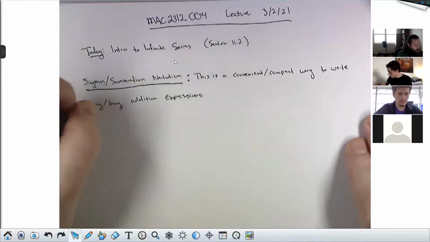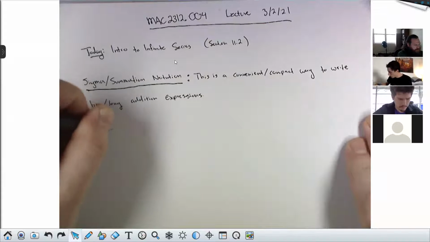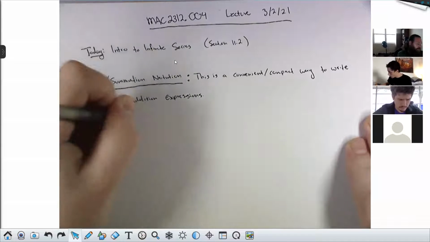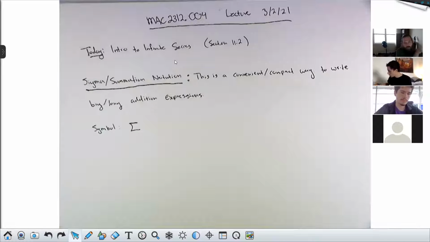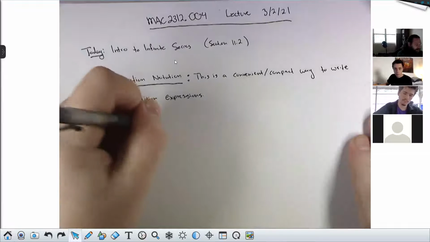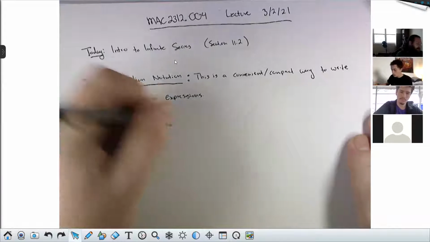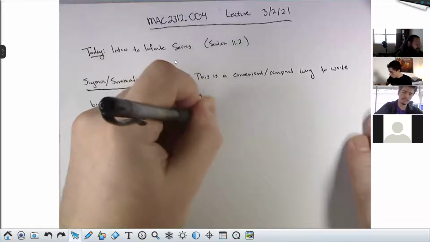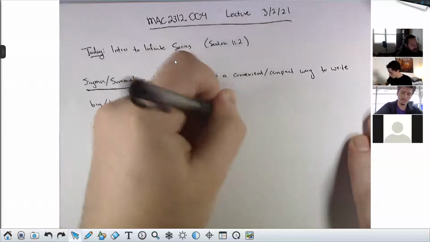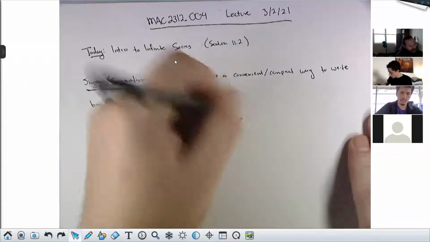The new symbol is this thing. And if you live in Gainesville, you've probably seen this around fraternities and stuff. It's a Greek letter. This is the capital Greek letter sigma.